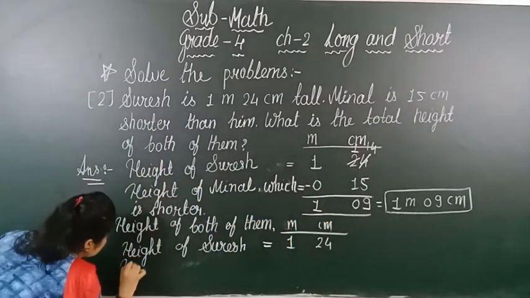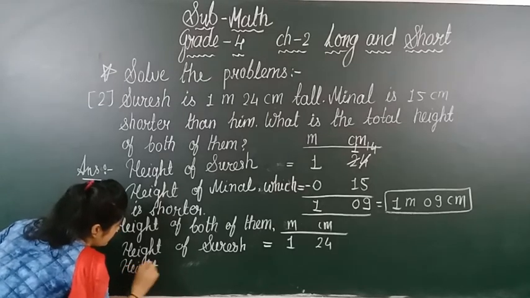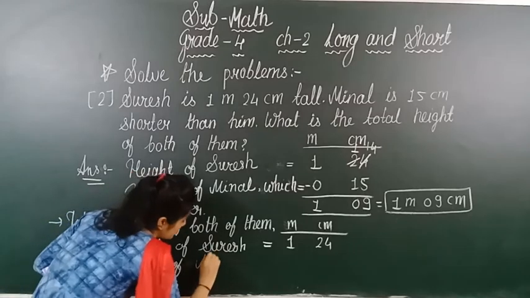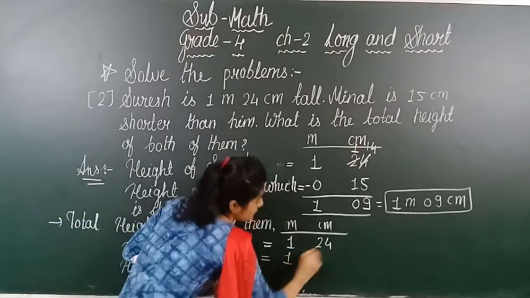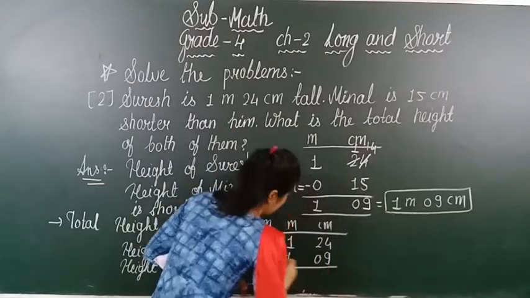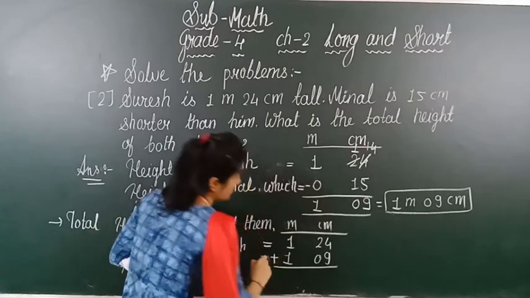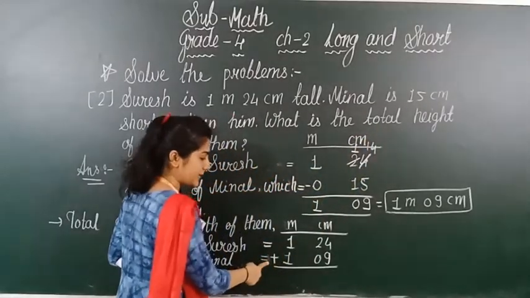And just now we found the height of Meenal, which is 1 meter and 9 centimeter. The word total is given here, which means we need to do addition.